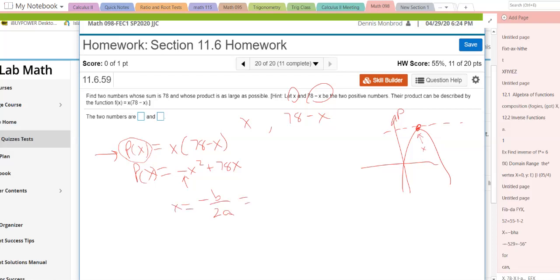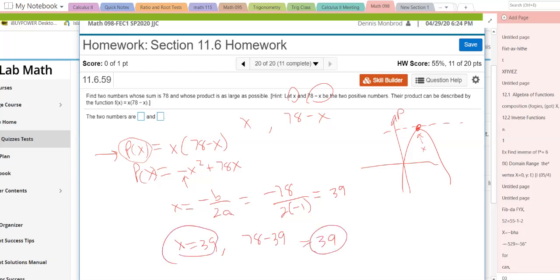That'll be minus 78 over 2 times negative 1, which is positive 39, right? So x is 39. That means the first number is 39, and the second number would have to be 78 minus 39, which is also 39. So the two numbers are 39 and 39.